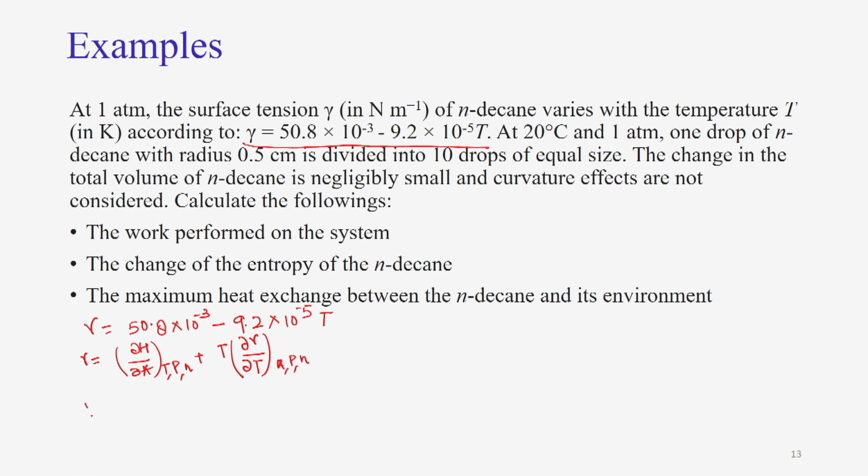The same thing can be rewritten in terms of enthalpy: dou H upon dou A at T, P, n minus T times dou S upon dou A at T, P, n. So, here we are replacing this with the Maxwell relation.